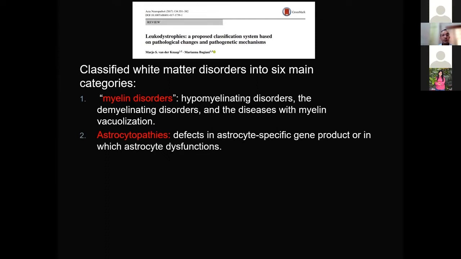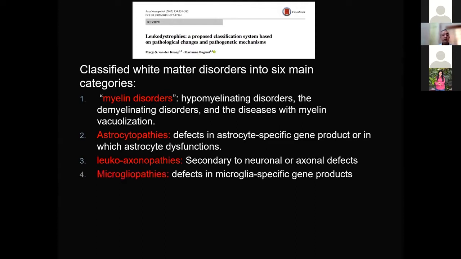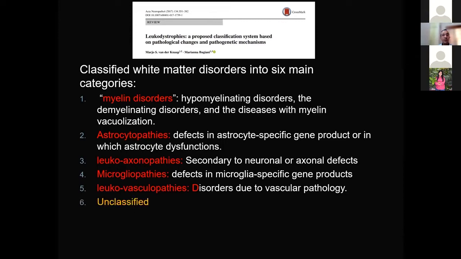The next is the astrocytopathies, which includes defects in the astrocyte-specific gene product or in which there is astrocyte dysfunction. The third category is leukoaxonopathies, in which there is a defect in the neuron or axons. Next is the microgliopathies, in which there is a defect in the microglia-specific gene product. The leukovasculopathies are those in which the changes are due to vascular pathologies, and a few still remain unclassified.